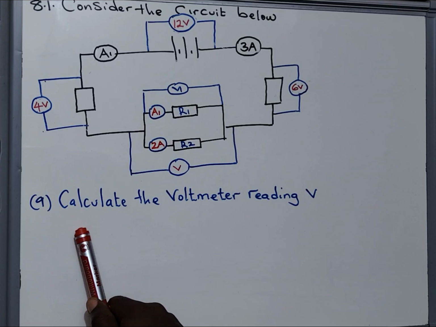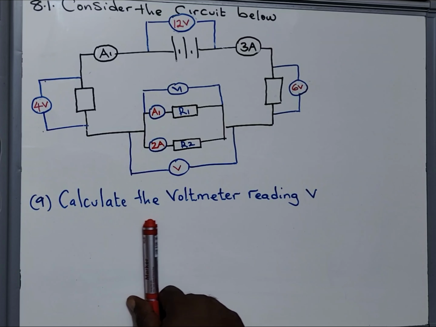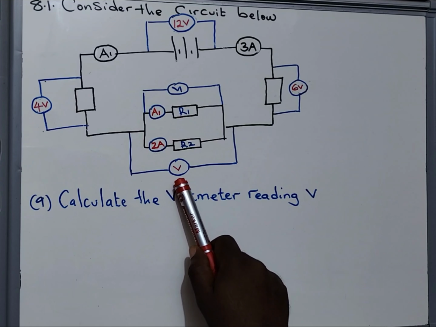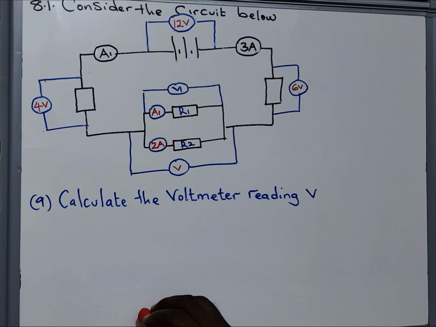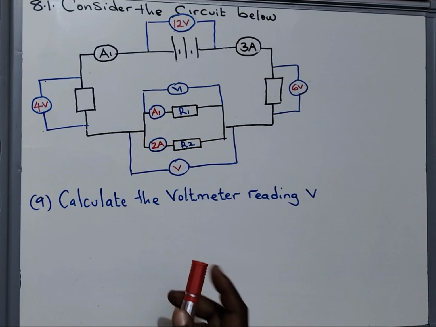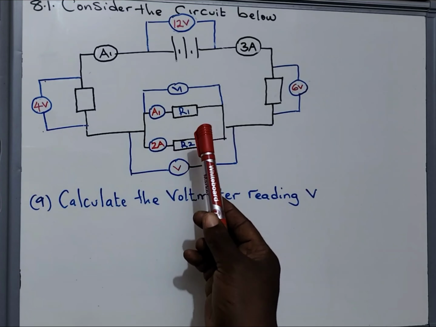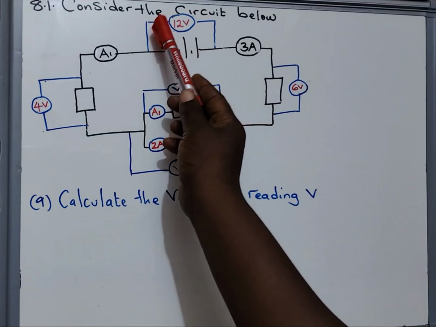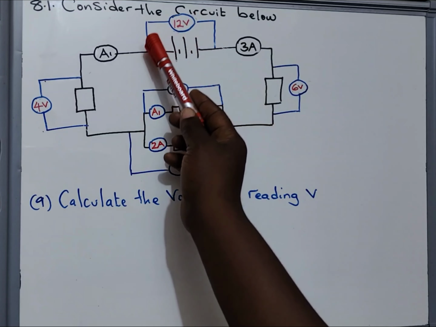And the question says, calculate the voltmeter reading V. So this is what they want. How do we go about that? When you analyze this circuit, this is what you have to know. We know the terminal voltage, V terminal.